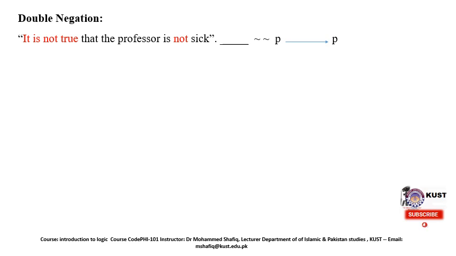So if we take the proposition "professor is sick" as P, then if we say the professor is not sick, obviously we are going to express it as curl P. But the full statement says that it is not true, or it is not the case, that the professor is not sick.